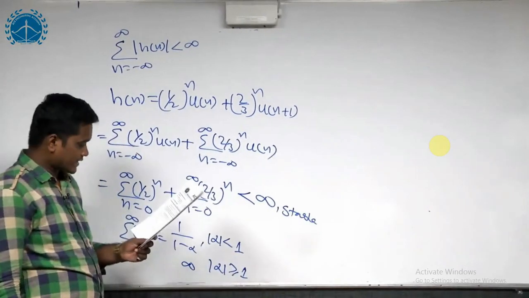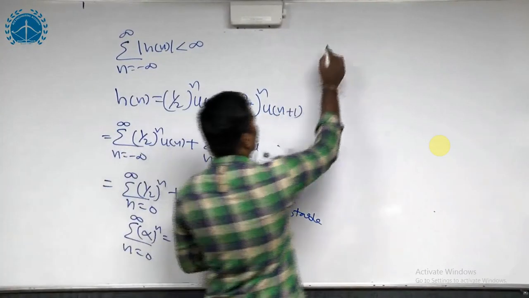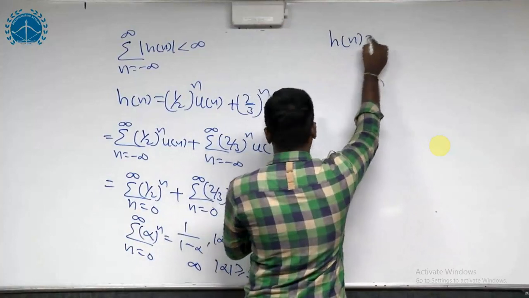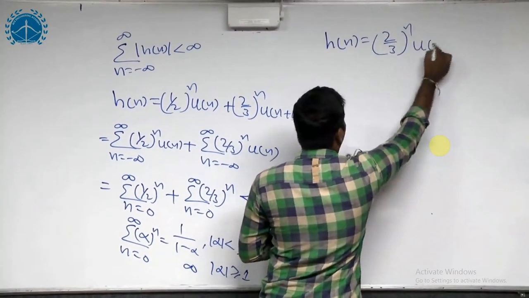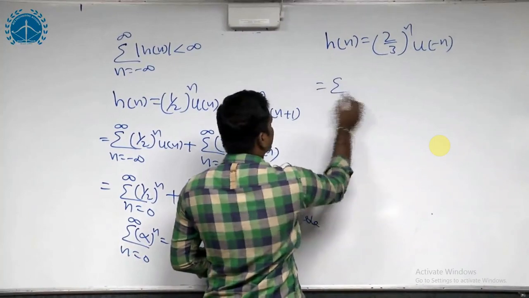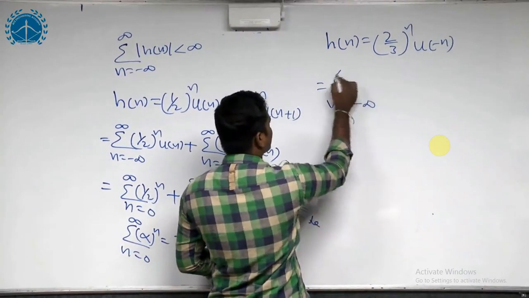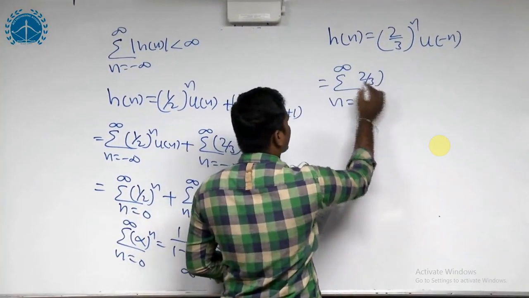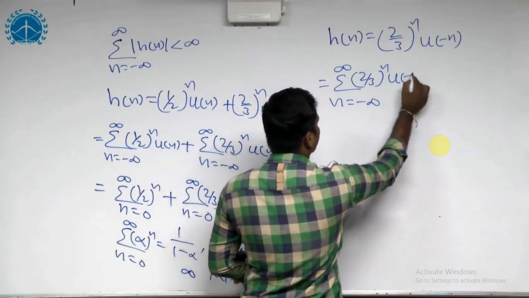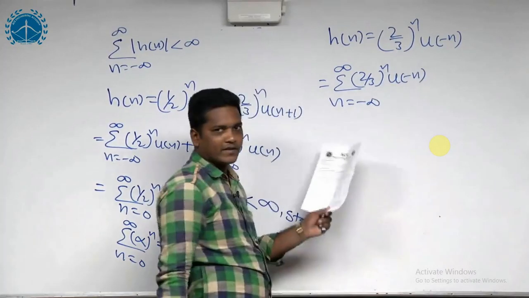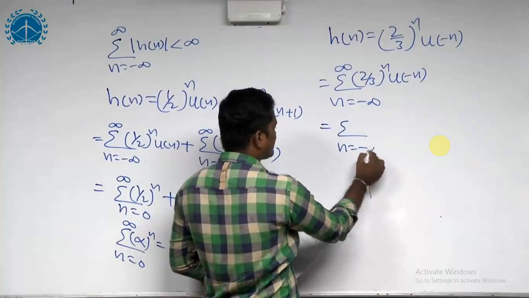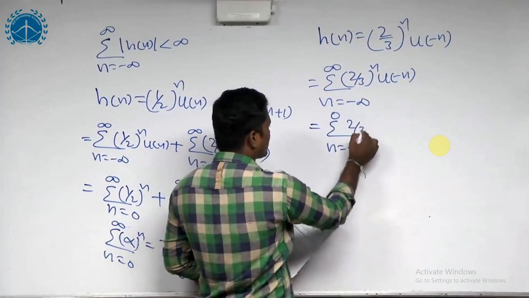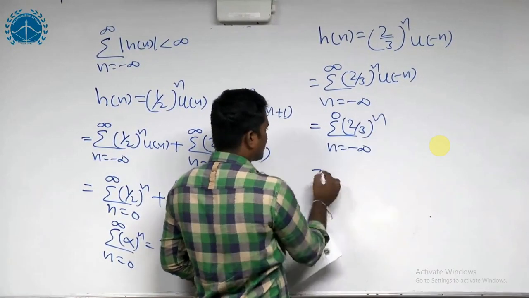Let us see the second one. h of n equals (2/3)^n u of minus n. If you substitute that, the sum from n equals minus infinity to plus infinity of (2/3)^n u of minus n. It is multiplied with u of minus n, so the limits are n equals minus infinity to 0 of (2/3)^n.